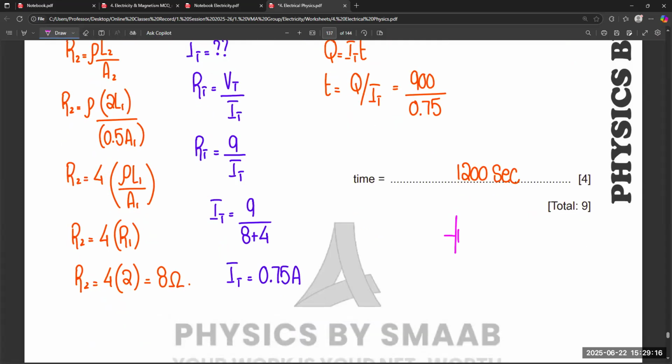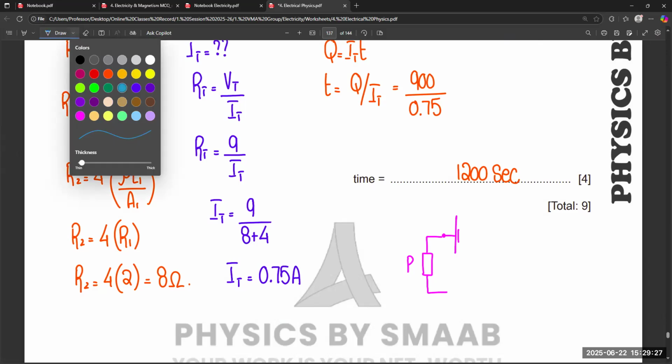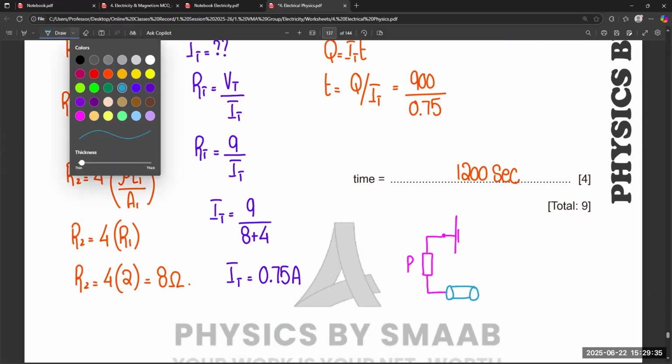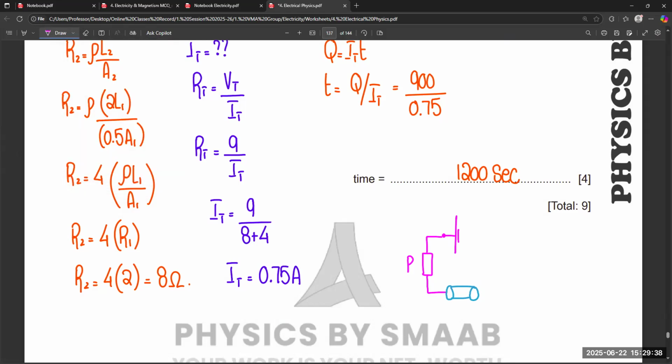Like this is the battery we are using. This is the resistor P we are using. Only we replace the old cylinder with the new cylinder. This is the only difference, and the rest of the circuit remains the same.